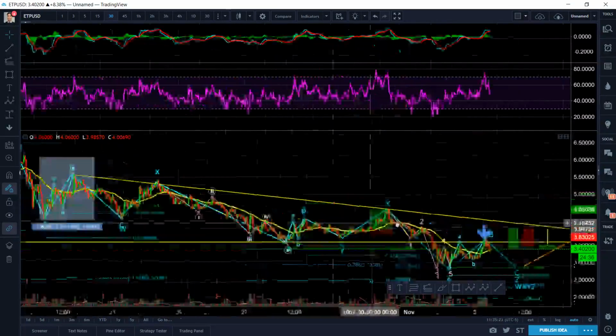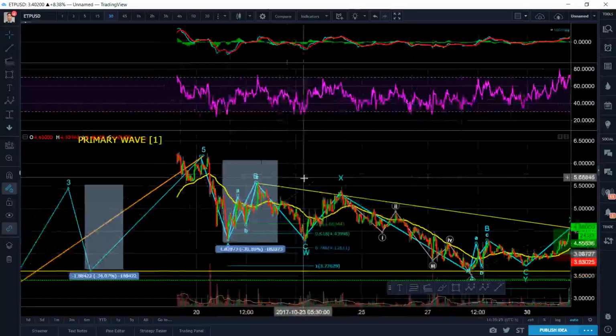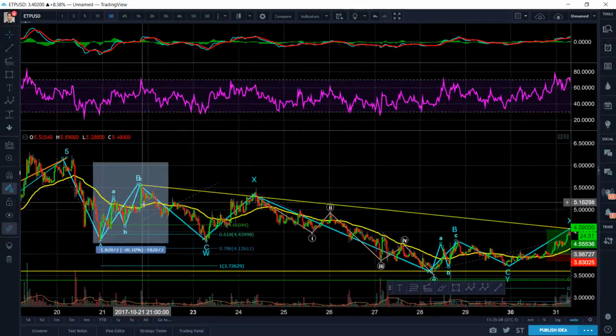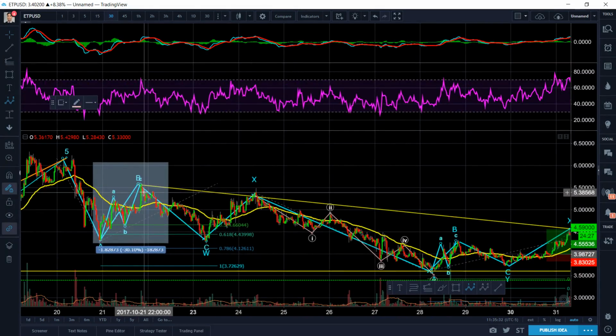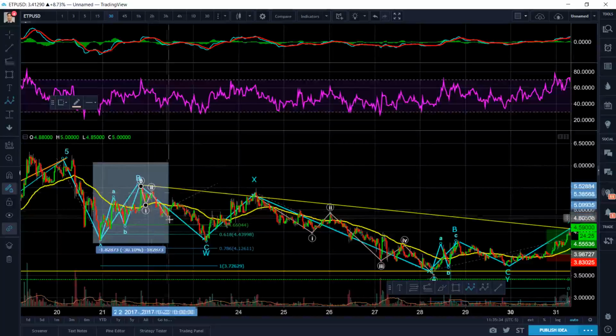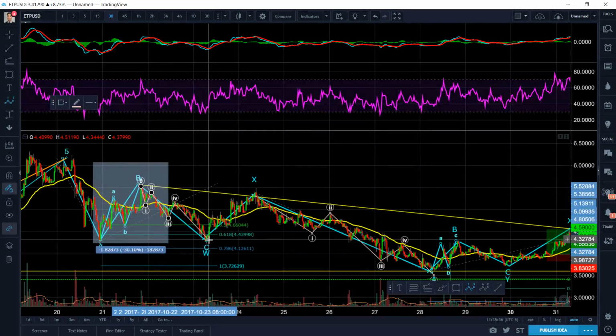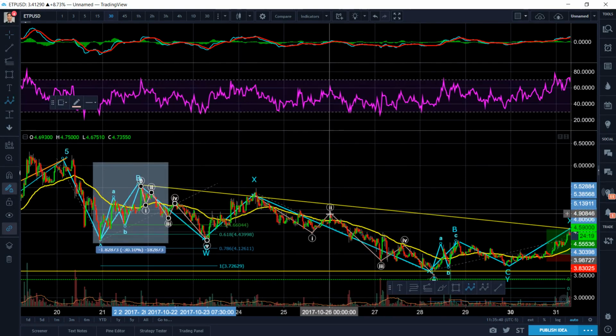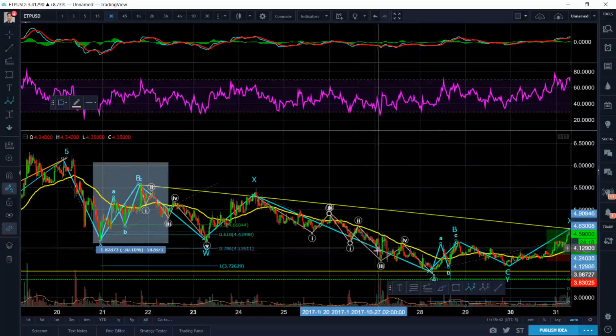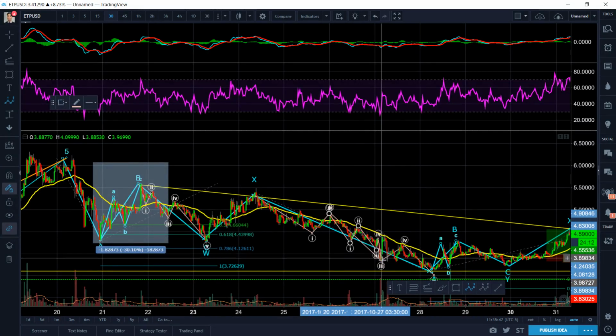Because if you guys look from B to Y, just look here, for example: 1, 2, 3, 4, and a big 5th wave extension right here. 1, 2, 3, 4, and then a big 5th wave. Here, what do we have, guys? We have 1, 2, 3, 4, and then 5.